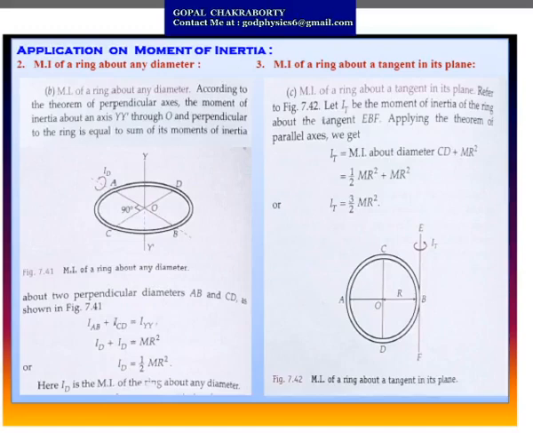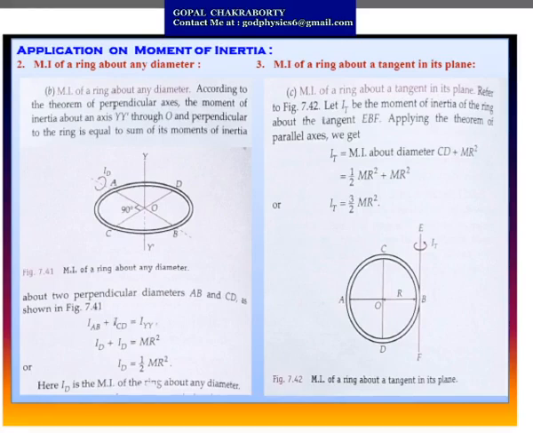As we know, the axes AB and CD are perpendicular, along with Y dash. The perpendicular axis theorem states that I AB plus I CD equals I YY dash. As we considered the moment of inertia along a diameter, I AB equals I CD, which is I D. So I D plus I D equals M r square, and so I D equals half M r square.